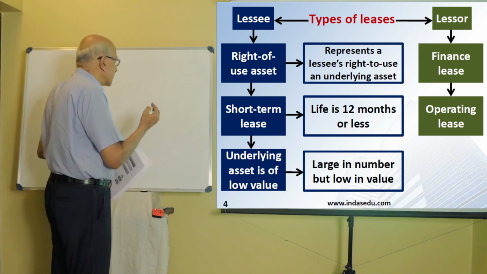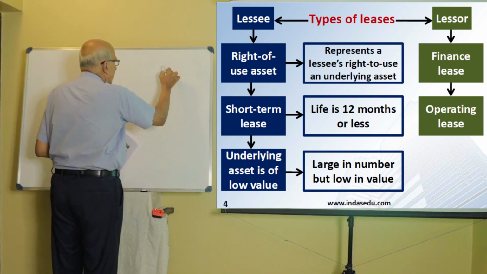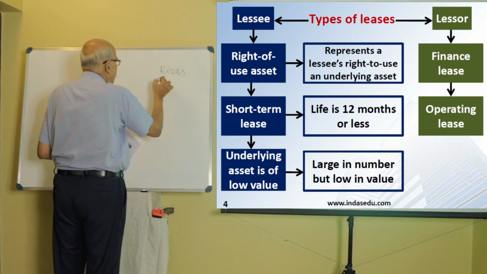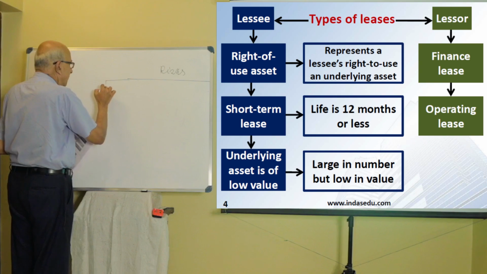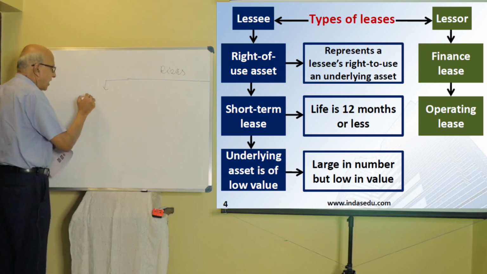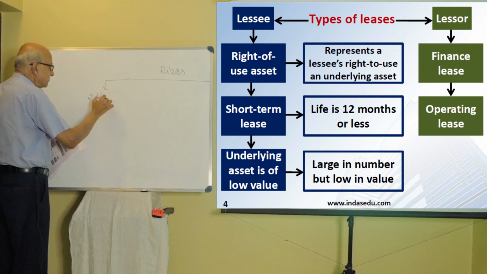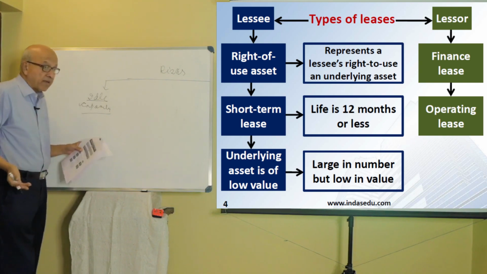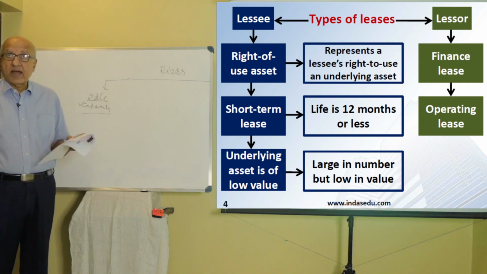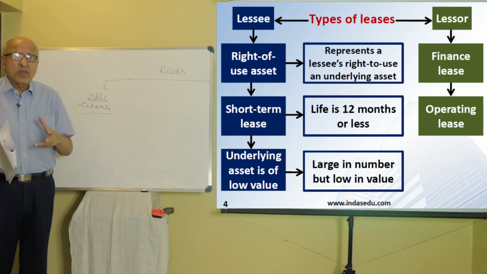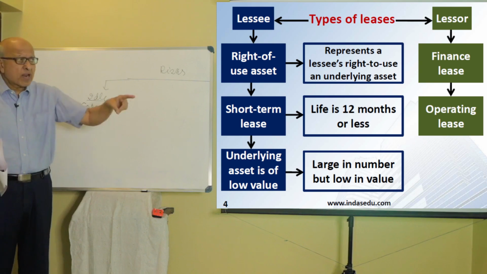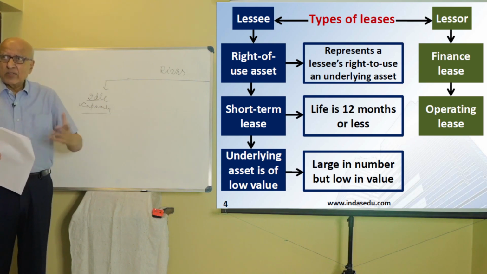Now, what are the risks that can be transferred? First risk could be what? Idle capacity. There is some idle time, there is no demand, some idle capacity is my risk. An asset has to be used in the production of goods and services that will generate revenue.